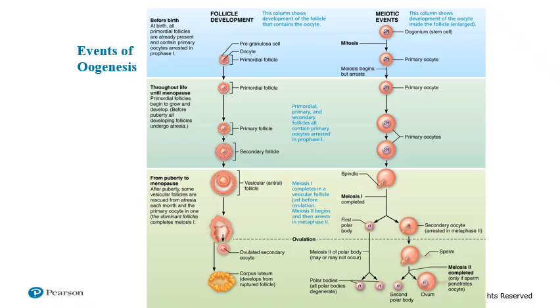Meanwhile, the secondary follicle that would have popped and released the ovulated oocyte will now regress and become a corpus luteum. Corpus luteum is a gland that produces progesterone.